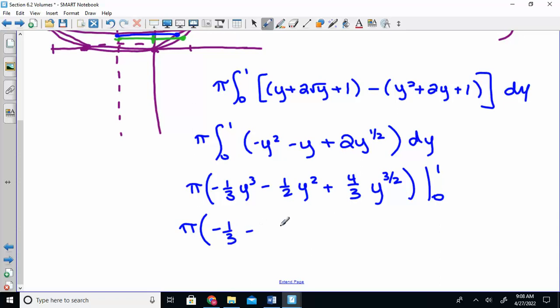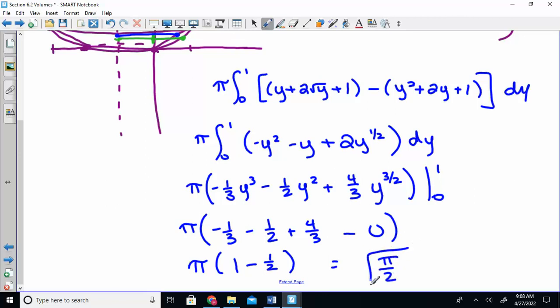We put in a 1. 1 to any power is still 1. Put in a 0, that's just everything turns into 0. Negative 1/3 plus 4/3 would be 3/3 or 1, minus 1/2. So we get pi times a half, or pi over 2.